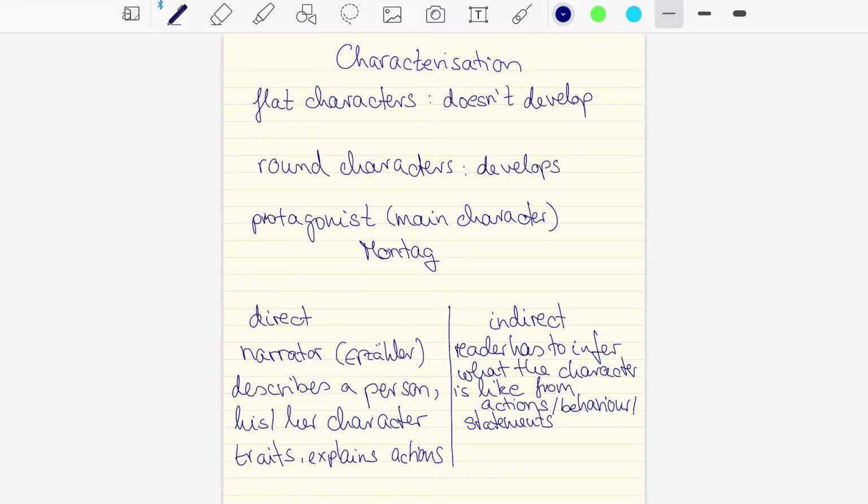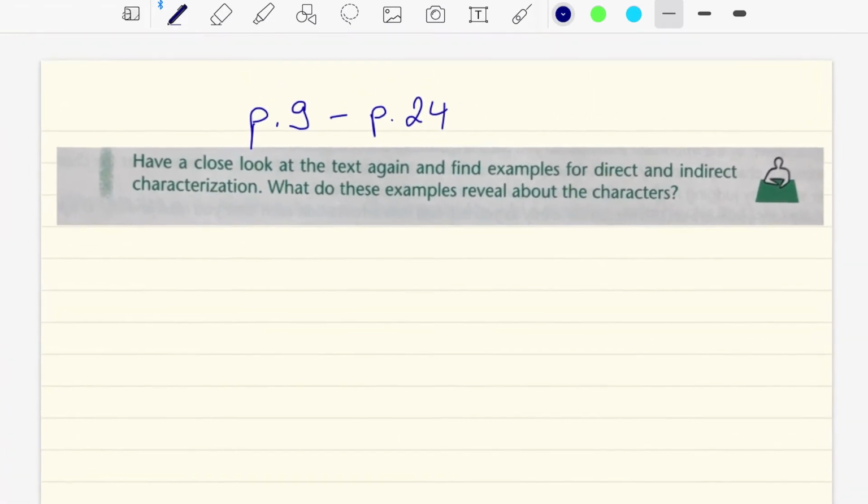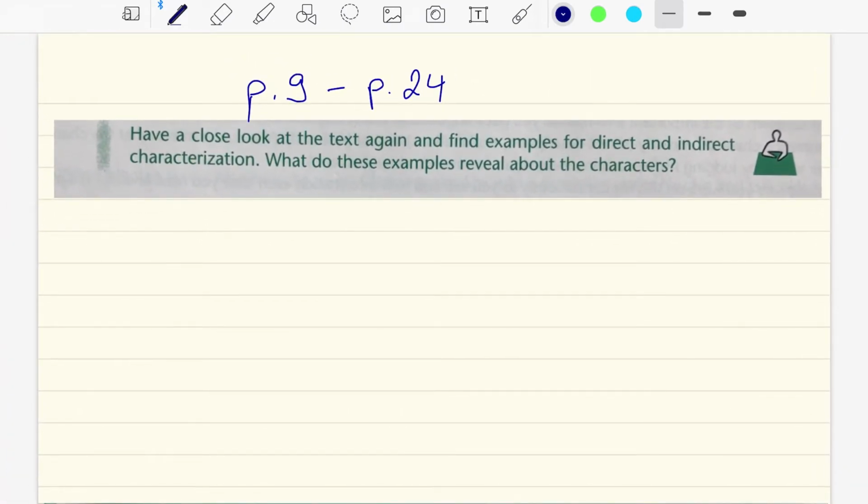Your task now is to find in the text up to page 24, so page 9 to 24, examples for direct and indirect characterizations, and I would like you to find out what those examples reveal about the character. So what does it tell you about the characters? This is your task now, so try to find as many examples as you can.